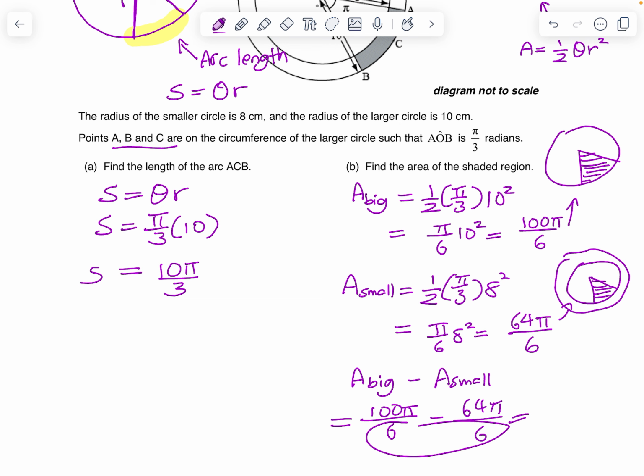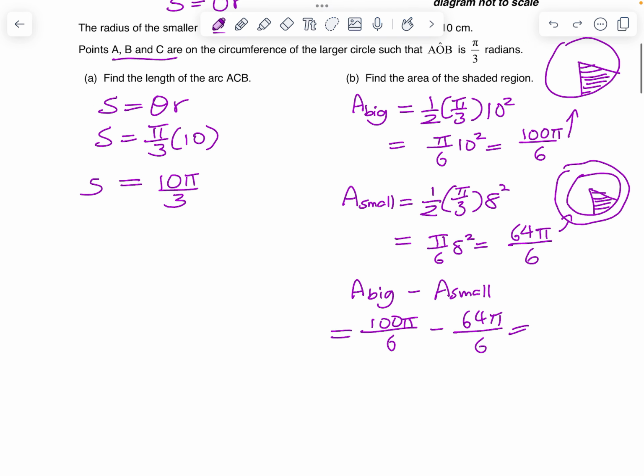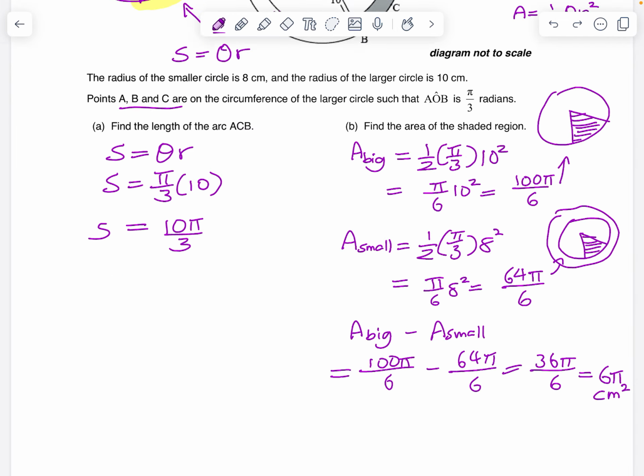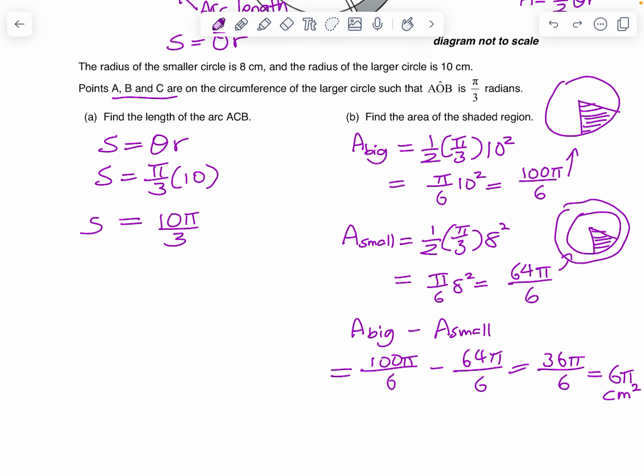And since they share the same denominator, we can just write what 100 minus 64 is, which is 36. And if we simplify that, we just get 6 pi cm squared. Remember, we have to write the units down because we're solving for the sector area.